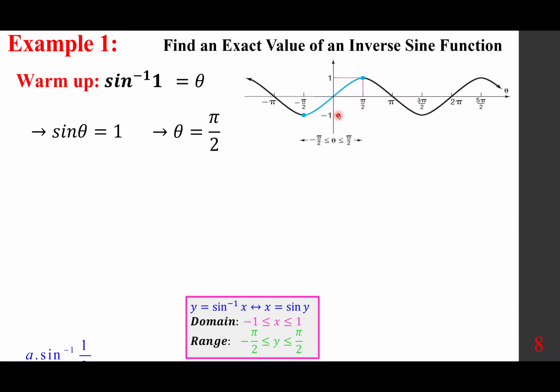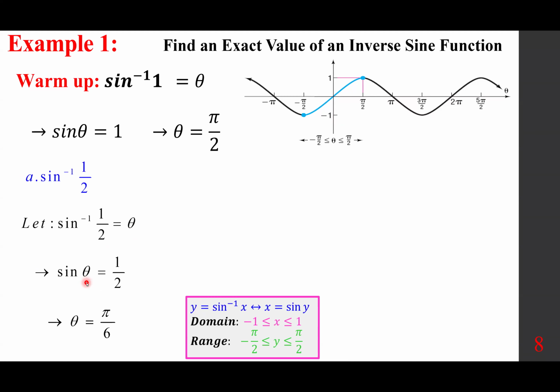Now, sine inverse of 1/2. What is it equal to? You set this equal to any variable of your choice, for example theta. And then by the definition of inverse function, this means sine theta must be 1/2. This is a common arc. We know the answer to be pi over 6.